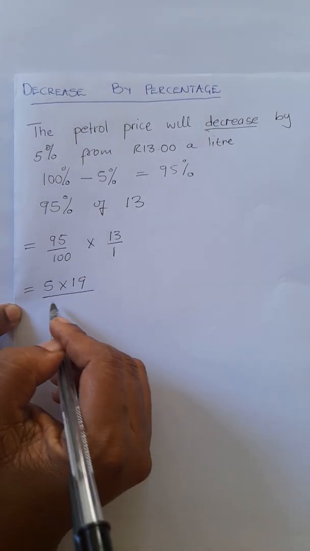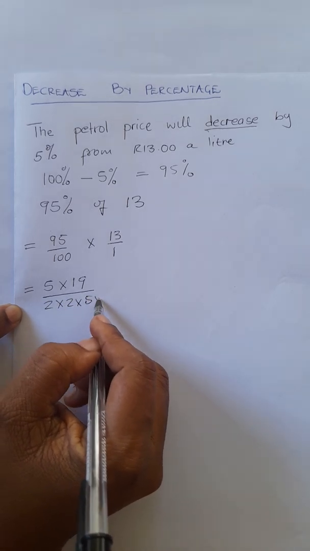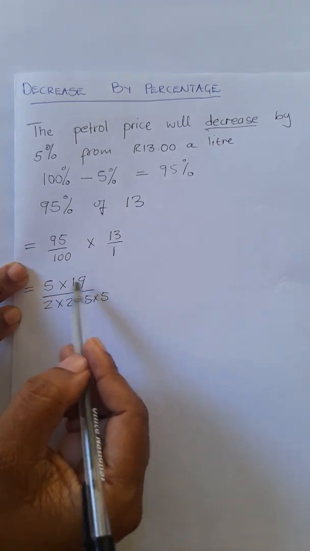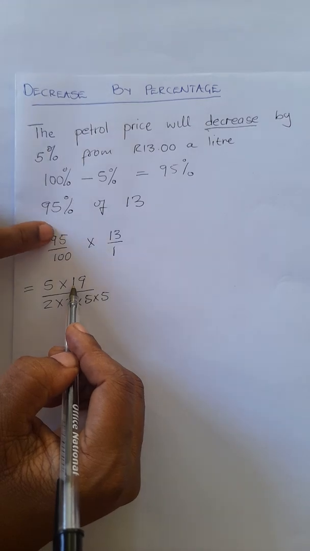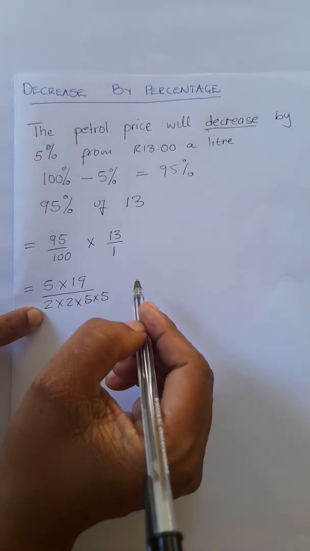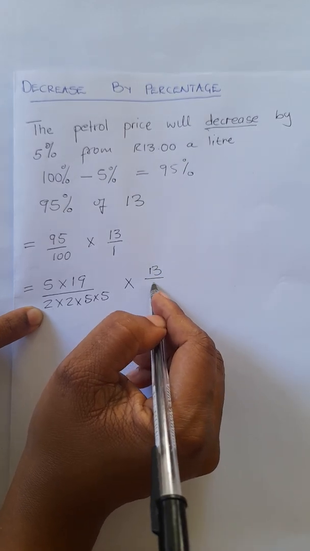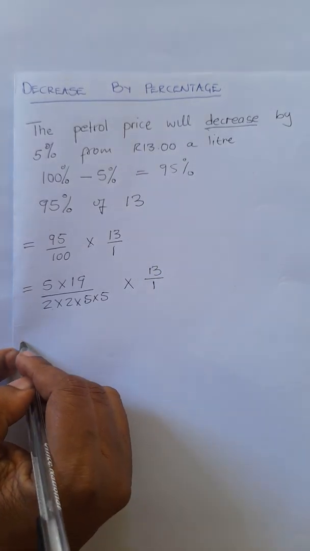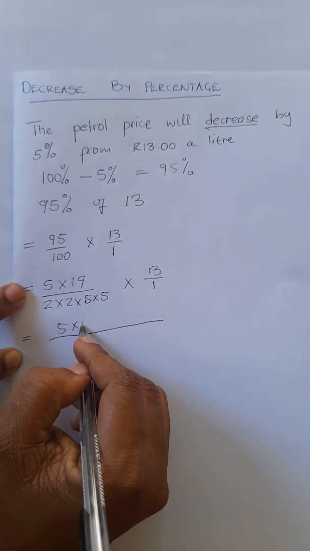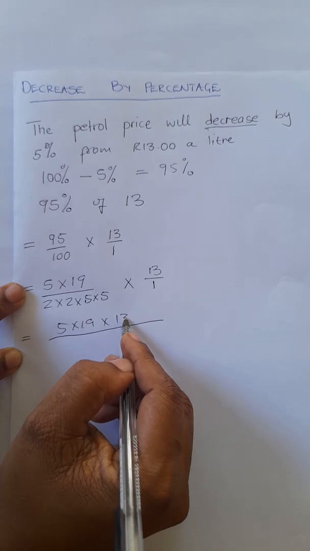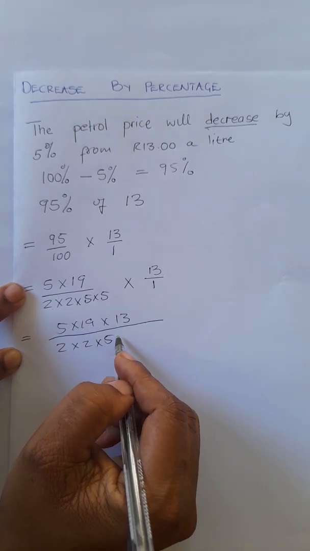We want to rewrite this as a product of prime factors. Then divide by 100. We know it's 2 times 2 times 5 times 5. Guys, remember this, we do it using the ladder. You do the ladder for 95, you do the ladder for 100. And 13 is a prime number, so no need for a ladder. Then same story, everything at the top we rewrite, and everything at the bottom we rewrite.